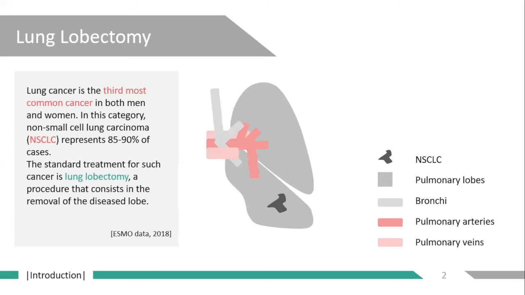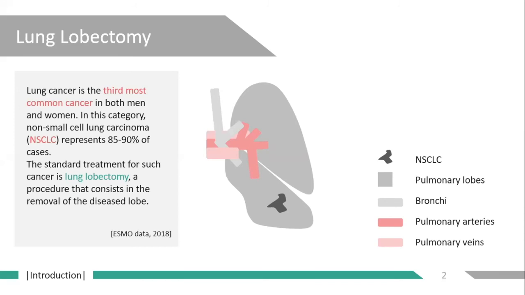This is the standard procedure, lung lobectomy, for the treatment of non-small cell lung carcinoma, which is the third most common typology of cancer. Basically, this procedure consists in the removal of the diseased lobe.